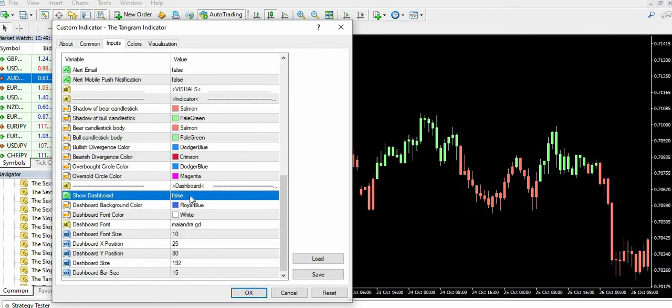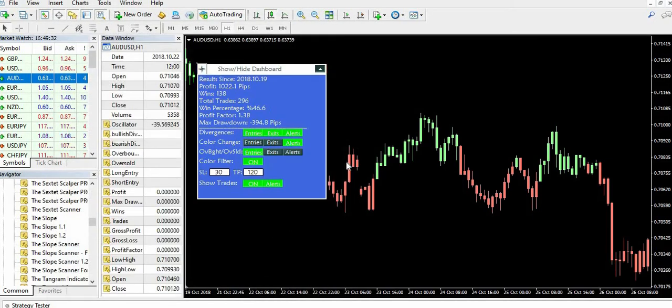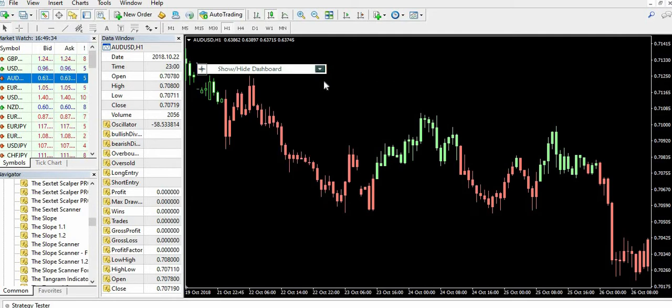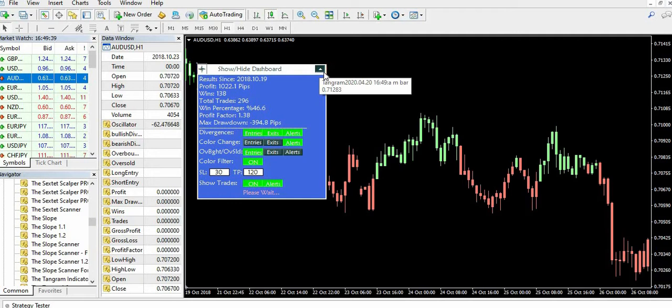So it's by default set to false, but suppose you're offline or during the weekend and you want to test out some strategies, I would set it to true. So you just click OK here, and you could already see the dashboard. Because if you're offline and you click on this arrow, nothing would open. Because as I said, when you're offline or the market's closed, you can't really mess around with the displays because they don't get updated. That's just how MT4 works.